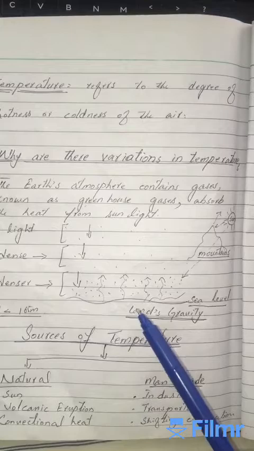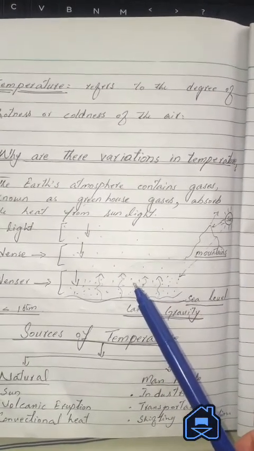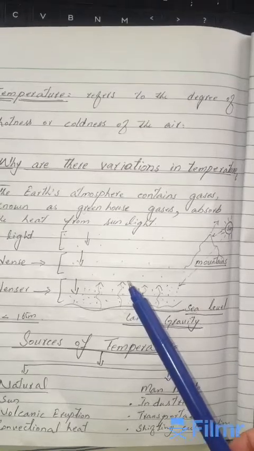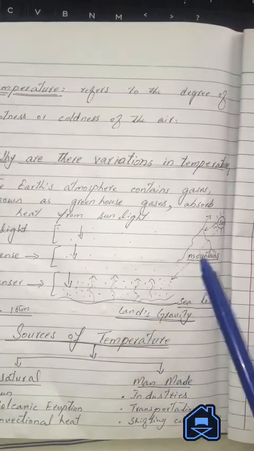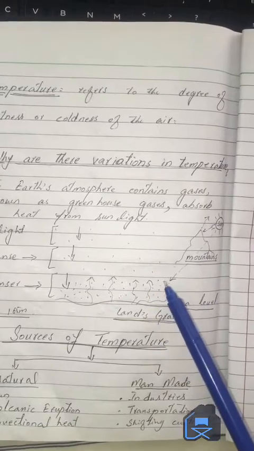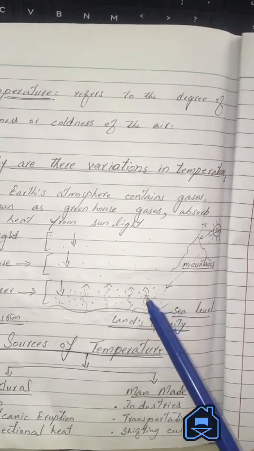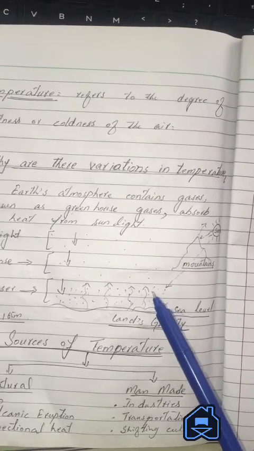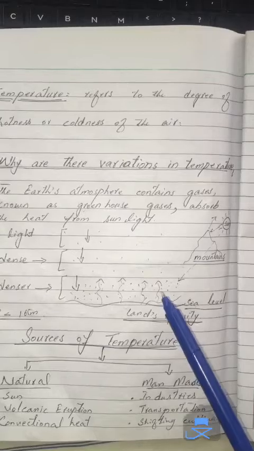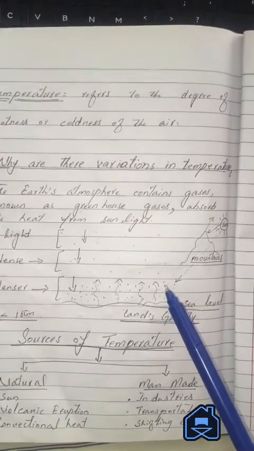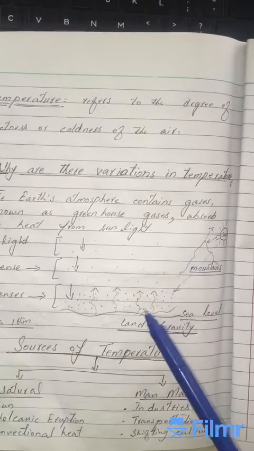From this diagram you can see that due to the gravitational force, the air particles or the gases are closely connected to each other. That's why when the sunlight comes here, the heat of the sunlight is absorbed in these particles, and due to the closely connected or denser connection of the gases, they will not let the heat of the sunlight go back into space.